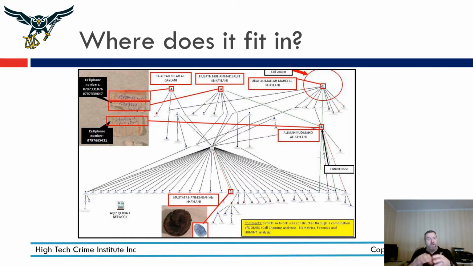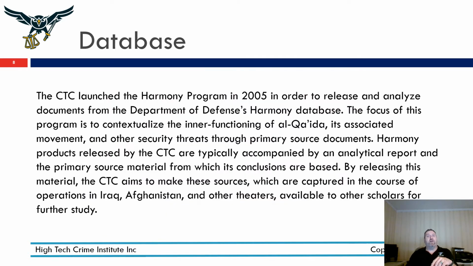So when we're looking at these separate pieces of paper, separate cell phones, separate biometrics, when you look at them separately, you may never have a correlation between the two or between any of them. But if you have a database or you have some type of structure that you can throw them into, well, now you have some methodology or some metric. And one of those databases is a program called Harmony.